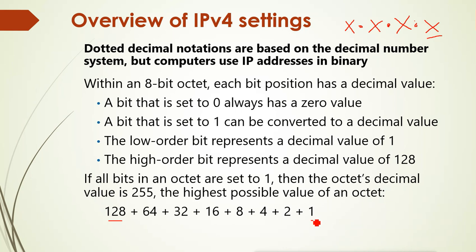When a bit is on, you get its value, and if the bit is off, you will not count it; it remains 0. So what value will you get here? You count the 1. The next bits are not on, so they remain 0. But this one is on, so you count it: 16 plus 1 is 17. The rest remain 0. So we get 17 here.